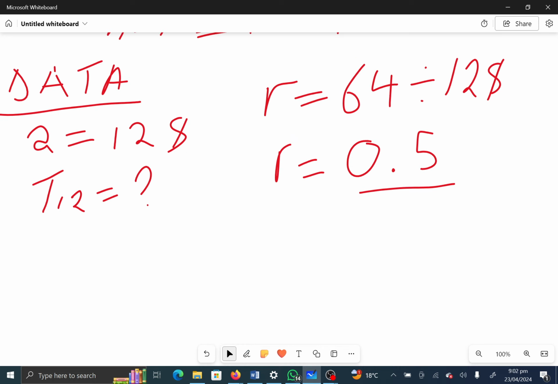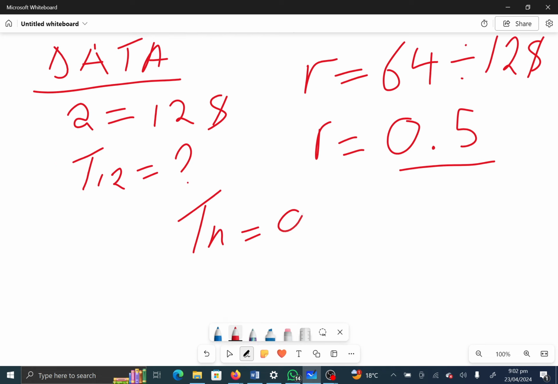From our formula, Tn is equal to A R to the power of the index, which is n minus 1. At this point, we substitute our data in the formula.